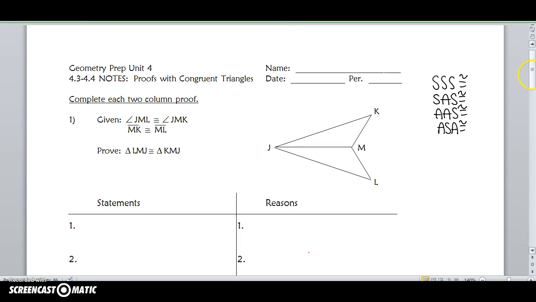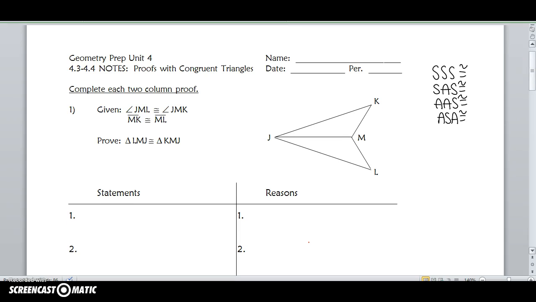So right now, we are going to be using a proof. We want to prove triangle LMJ congruent to triangle KMJ. I'm going to outline those triangles right now just for us to see those exact triangles that we want to prove. So LMJ and also KMJ. As you can see, we can probably mark a reflexive segment, that overlapping side that's in both of those triangles.